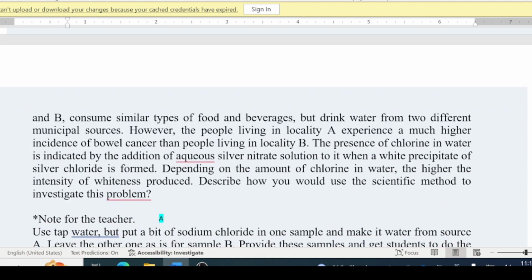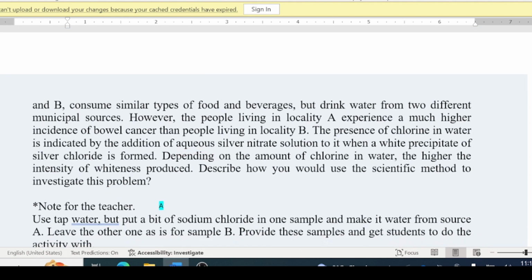However, people living in locality A experience a much higher incidence of bowel cancer than people living in locality B. The presence of chlorine in water is indicated by the addition of silver nitrate solution to it, when a white precipitate of silver chloride is formed. Depending on the amount of chlorine in the water, the higher the intensity of the whiteness that's produced. Describe how you use a scientific method to investigate this problem.